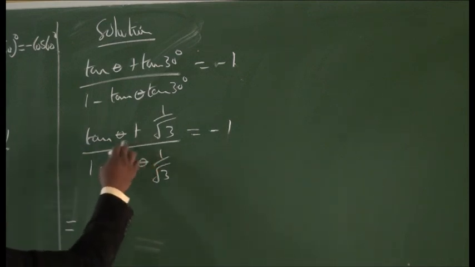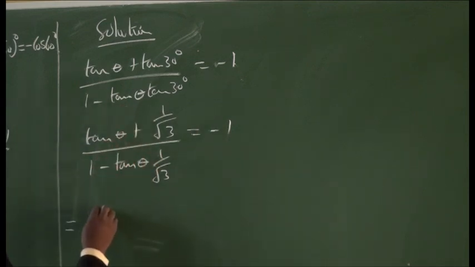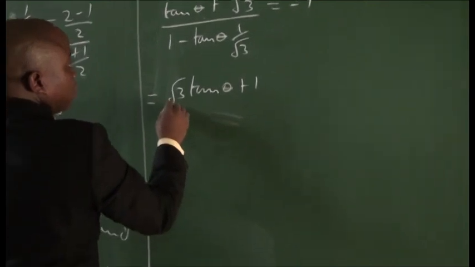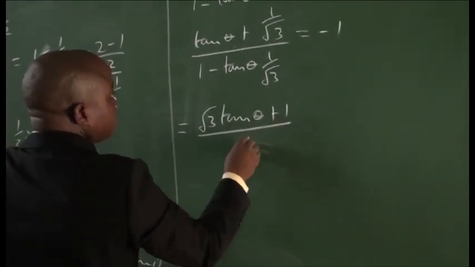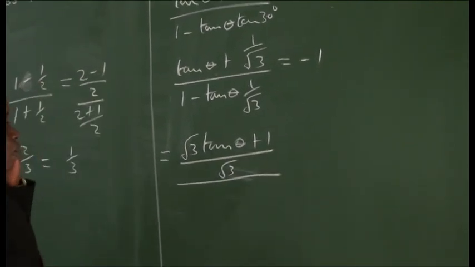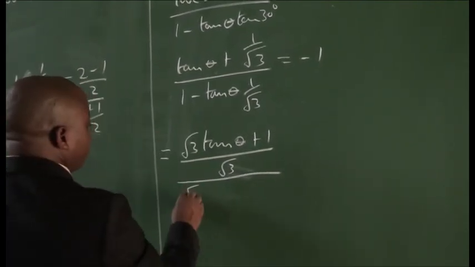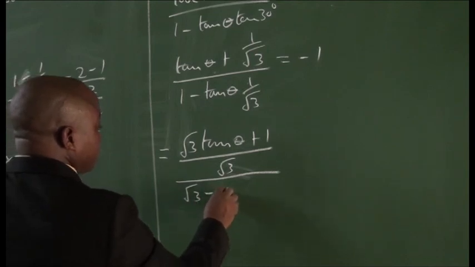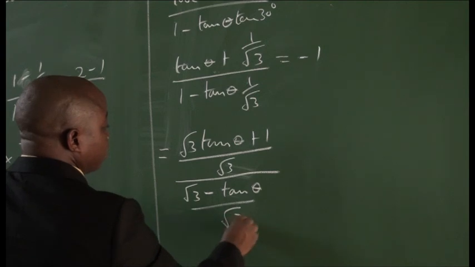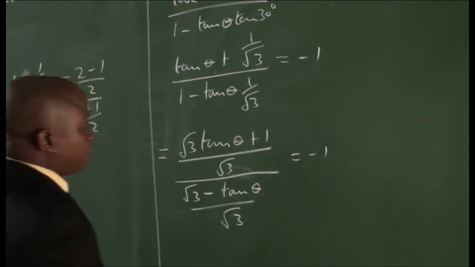Then if you take LCM of the numerator, we have root 3 tan theta plus 1 over root 3. If you go to the downside, we have root 3 minus tan theta over root 3 equals minus 1.